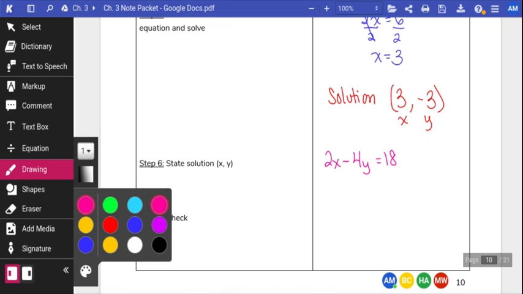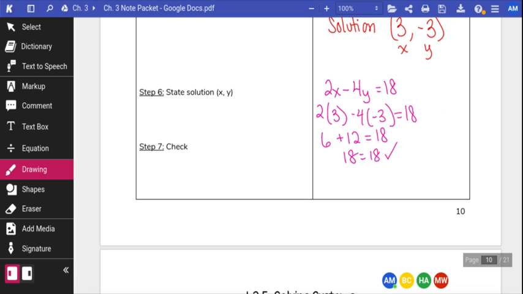Let me do that one first. 2 times 3 minus 4 times negative 3 is equal to 18. 2 times 3 is 6. Negative 4 times negative 3 is 12. 18 is equal to 18. That's true. Now I'm going to check in the other equation.